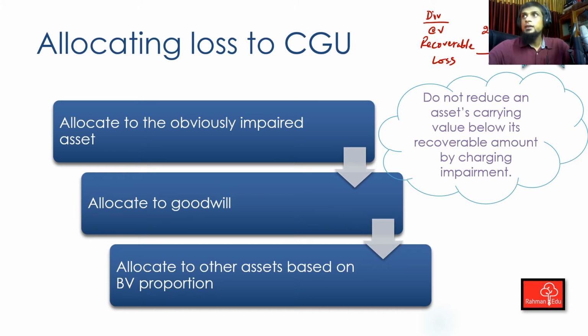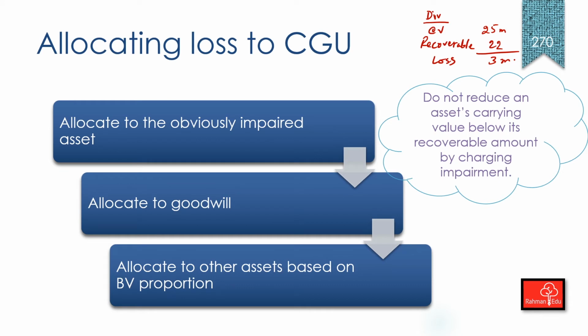This $3 million loss needs to be allocated to the individual assets of this cash generating unit. Carrying value $25 million, recoverable amount $22 million, and loss is $3 million.